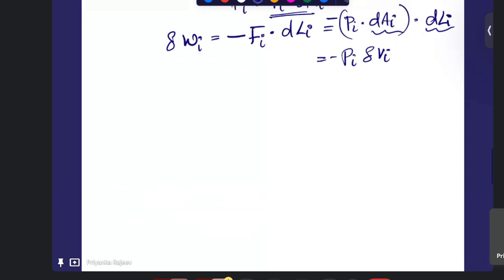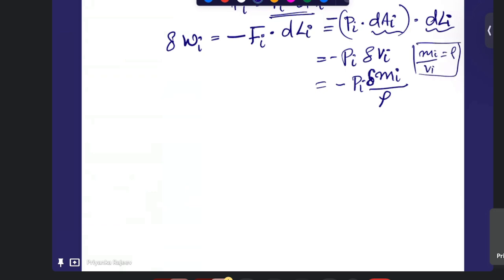Okay. This volume I can write as mass by density. So that is equal to delta Mi, that is the mass of the element, by rho, because Mi by Vi equal to rho, right?